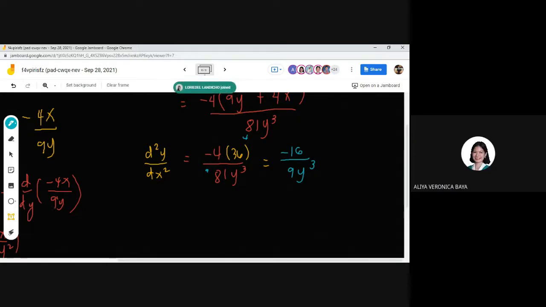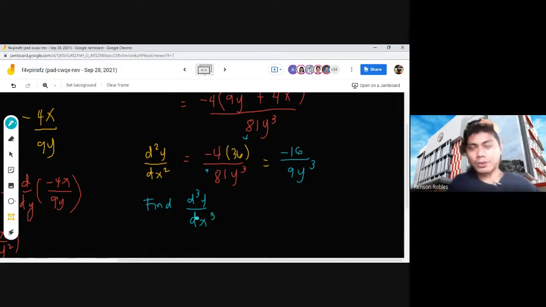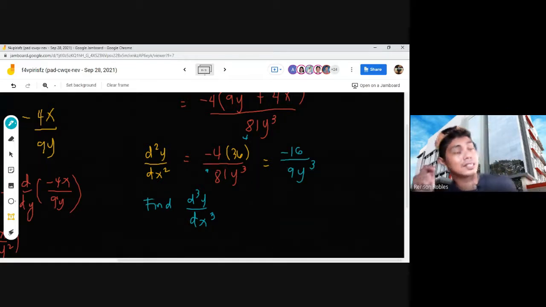Next. If I ask you to find, you keep on differentiating, the third derivative of y in terms of x. So, will you still apply implicit differentiation given that the second derivative of y in terms of x is negative 16 over 9y cubed? Do you think it's still implicit or explicit na?